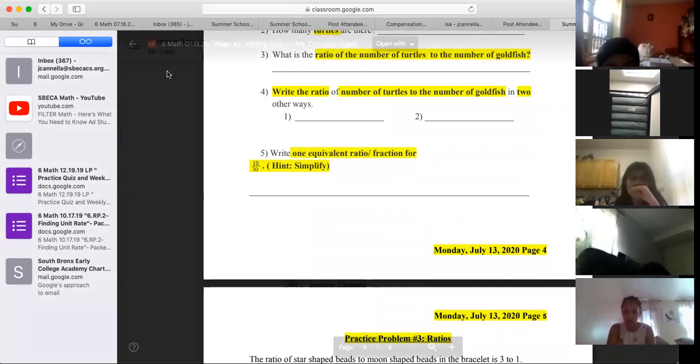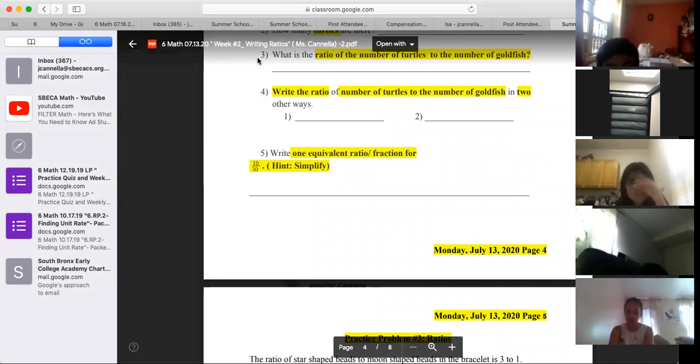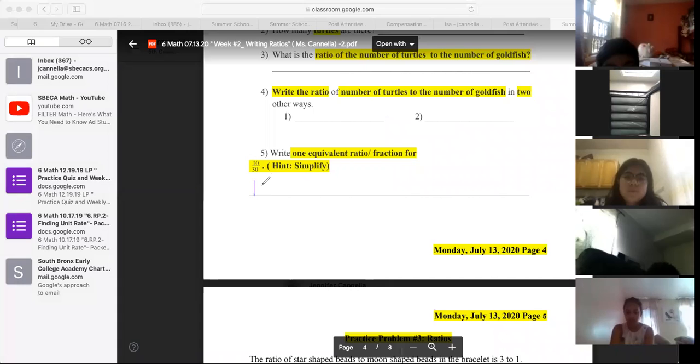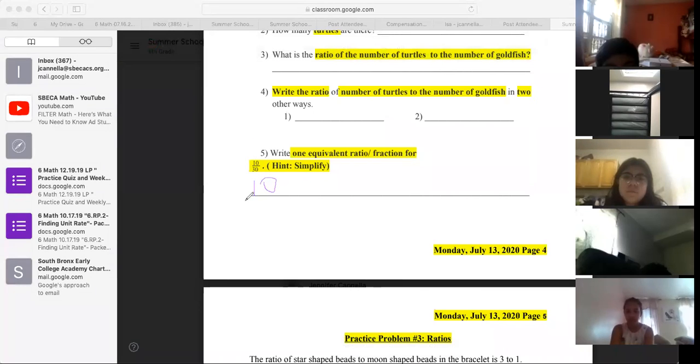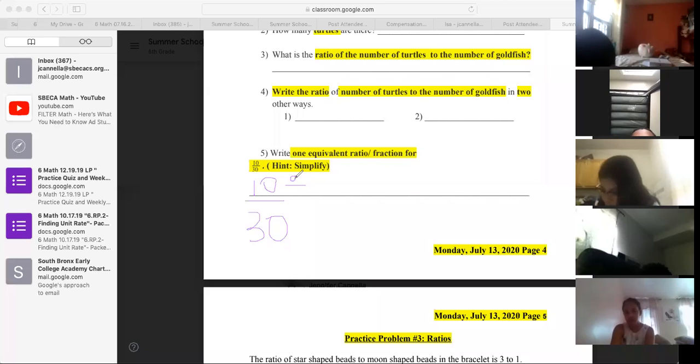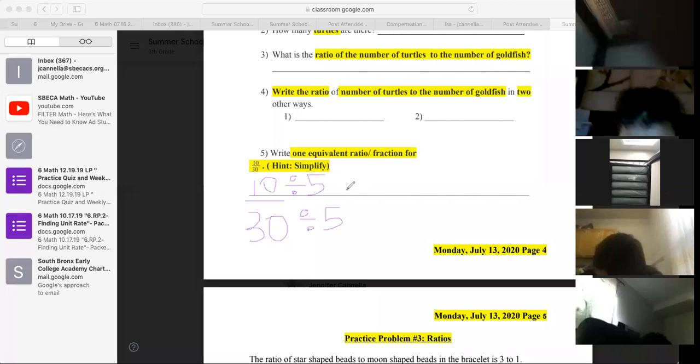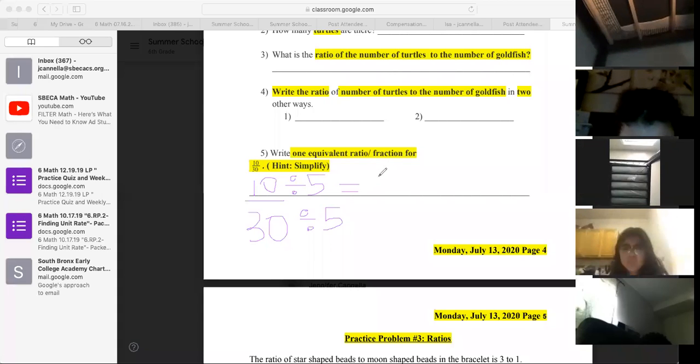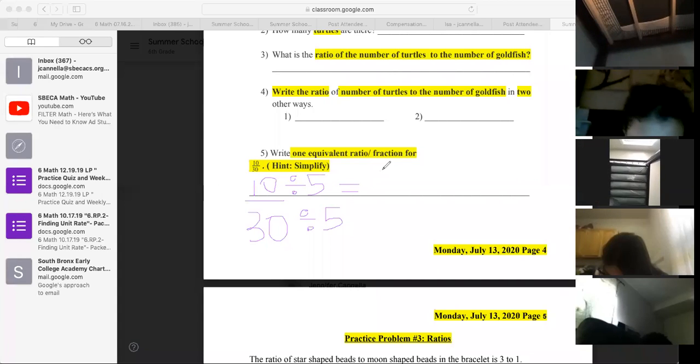When you simplify, you break it down. So I'm going to use the pen now. How can I make 10 over 30 smaller? I'm going to divide by, I could do 5 is one way. So now we get 10 divided by 5 is 2, and 30 divided by 5 is 6.